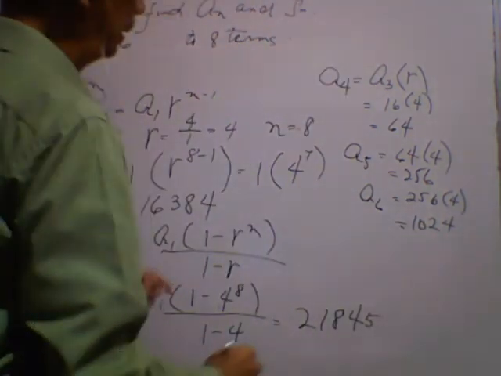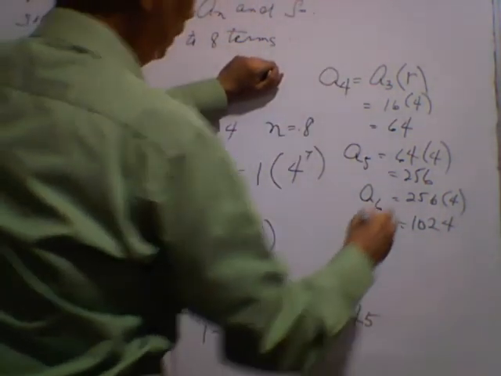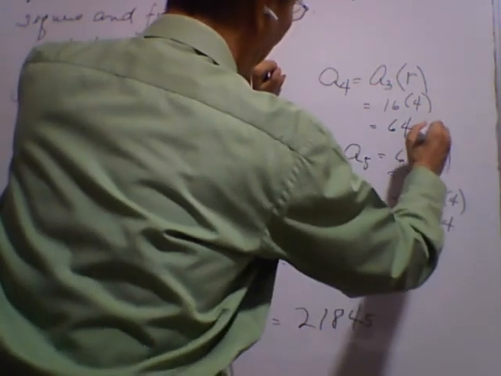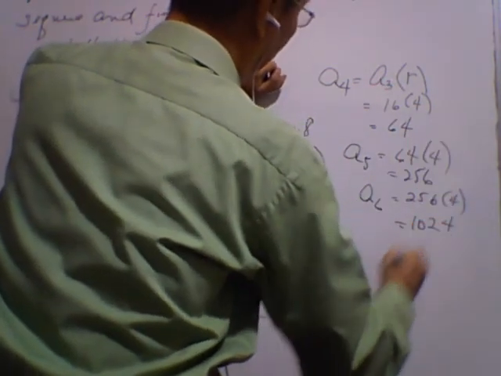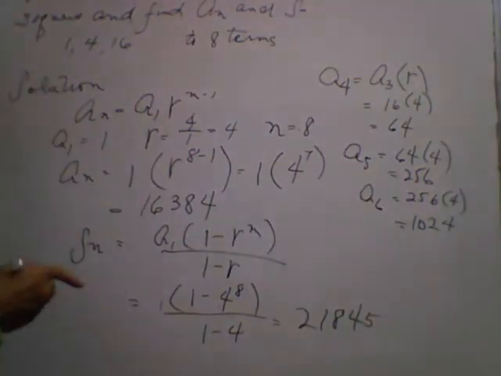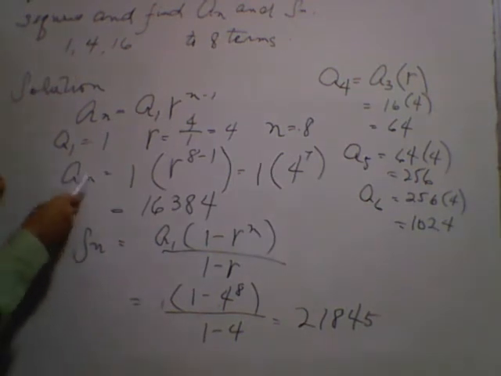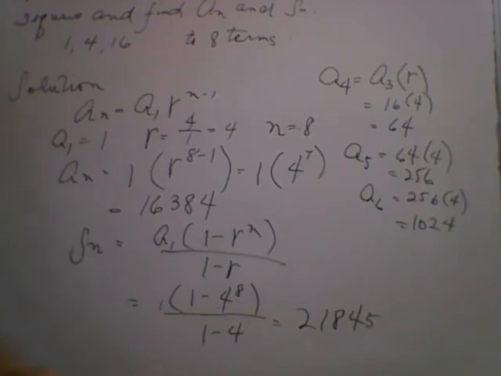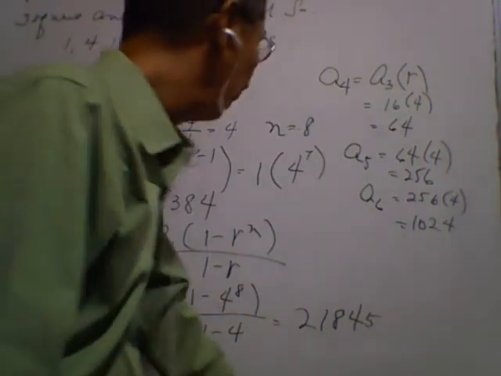So the next three terms are 64, 256, and 1024. So that's it. So we're going to use extensively this formula here, A sub n and S sub n, in solving other problems in geometric sequence. So we go to the second problem.